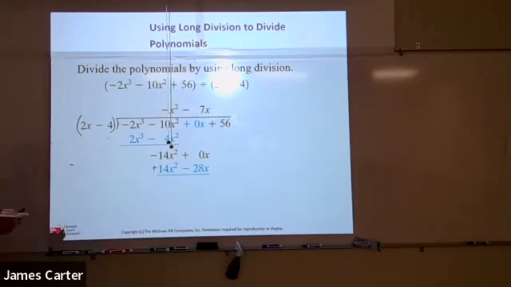This gives me negative 28x. And I bring down. What do I have to do to this time? Negative 14. So negative 14 times this, negative 14 times that. I change both of these signs. And those are opposites, they wipe out. Those are opposites too.